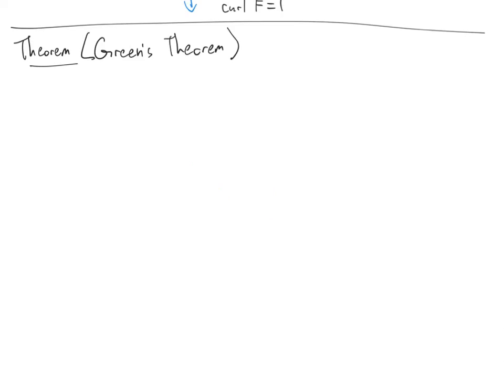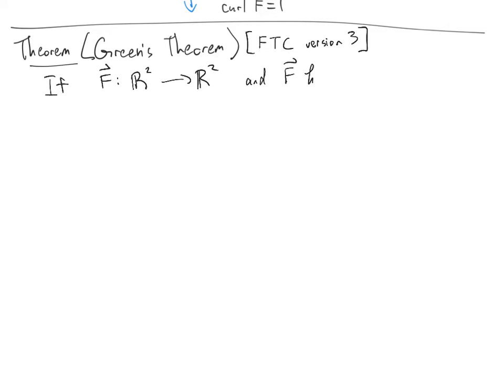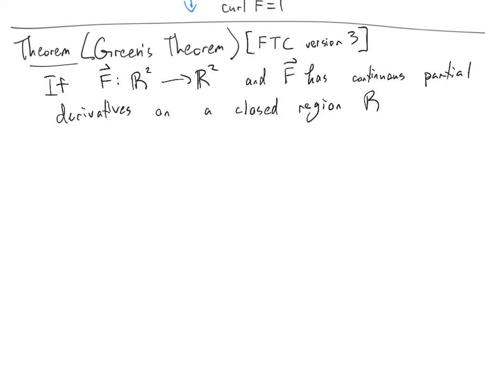Now, let's look at Green's theorem. So Green's theorem, our first or second, or I guess third reformulation of the fundamental theorem of calculus, and we will justify why that is later, says that if F is a vector field from R2 to R2, and it has continuous partial derivatives, meaning for each of the components, M and N, on a closed region R. And so I'm going to draw a little picture over here.